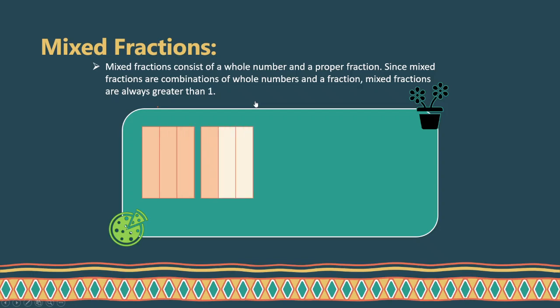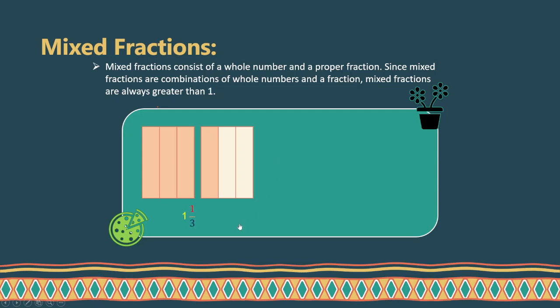Consider this. Look at these figures. Here are two whole rectangles. These rectangles are divided into 3 equal parts and 4 are colored. Then write in the form of fractions.